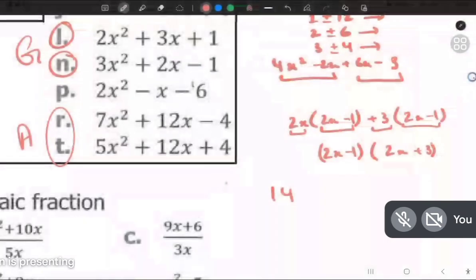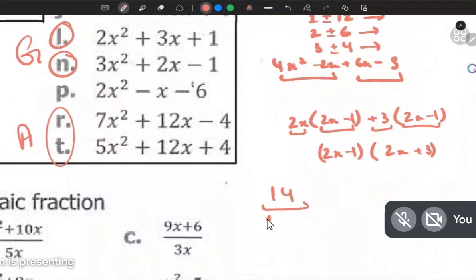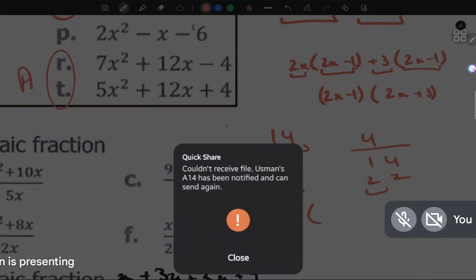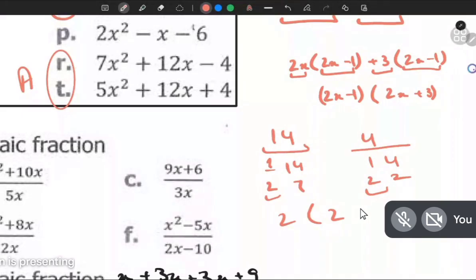Right, and 14 can be 1 and 14. Yes, and 4 can be 1 and 4, yes. And 2 and 7, right? And 2 and 2. So can you take something common within these? Yes, 2. So if you take 2 common, what's left behind? 7 and 2, right?